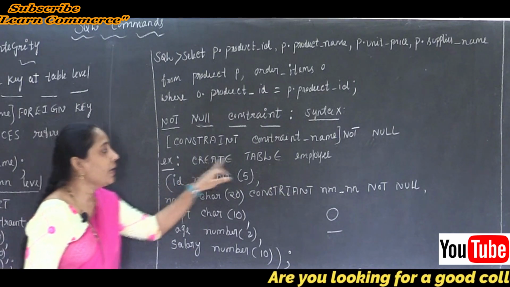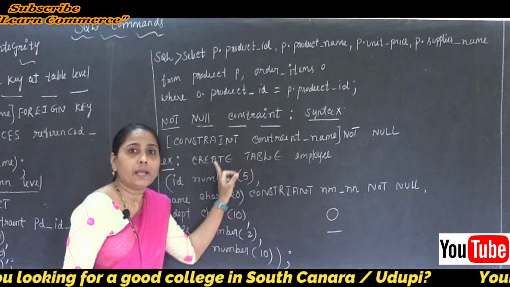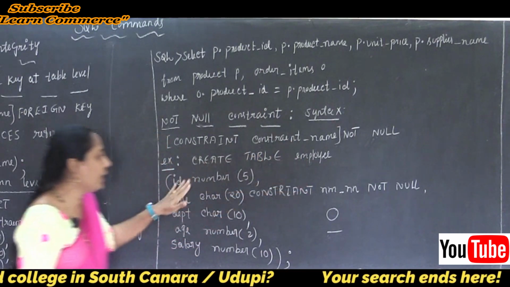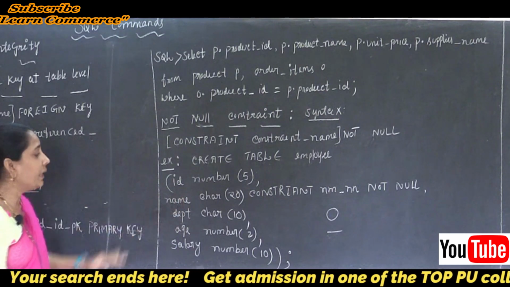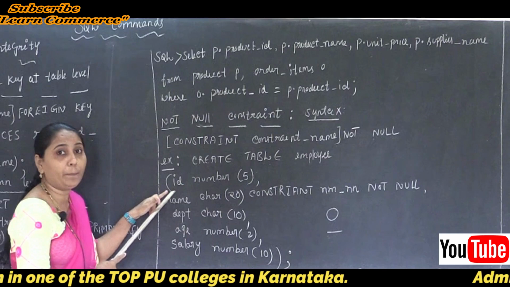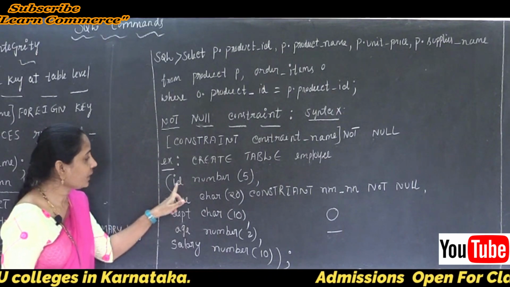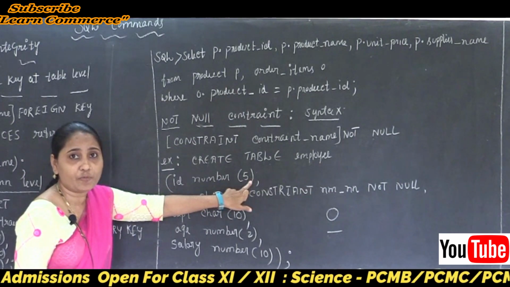Create table, the table name is employee. Clear this point here? Create table employee. Now I am going to use some columns in the employee table. Before the column names, I am using the opening parenthesis bracket. ID, the data type is number and size is 5, comma.